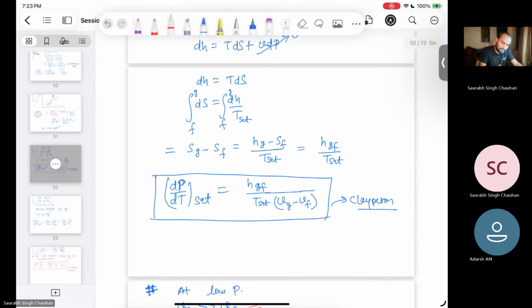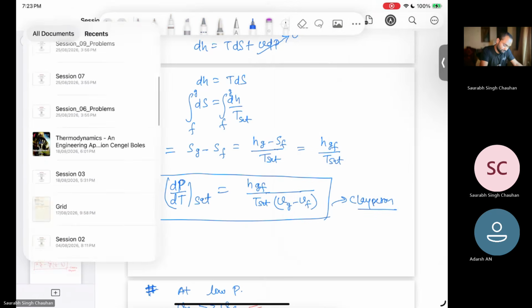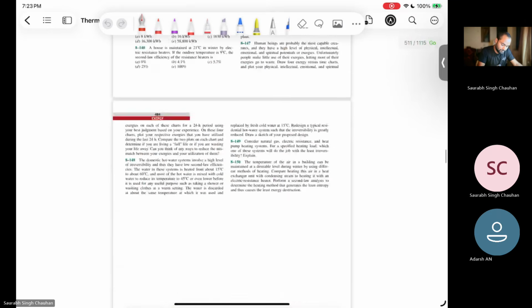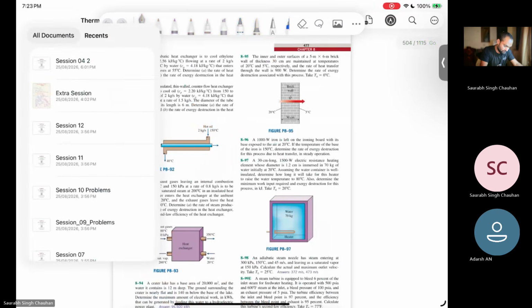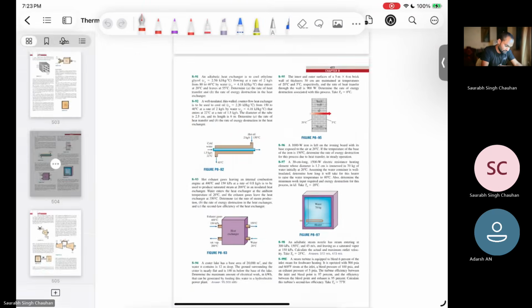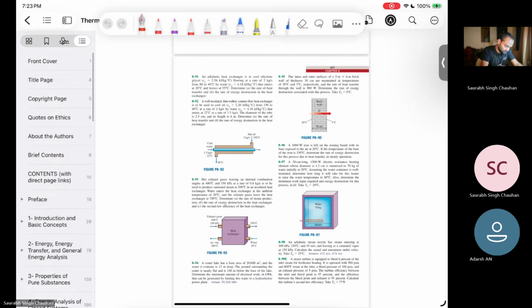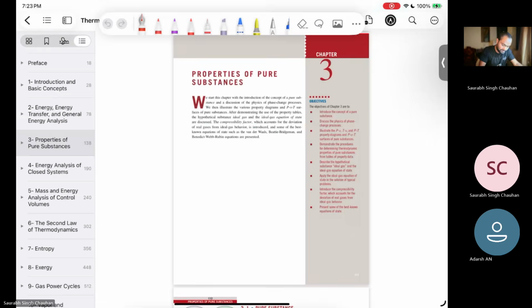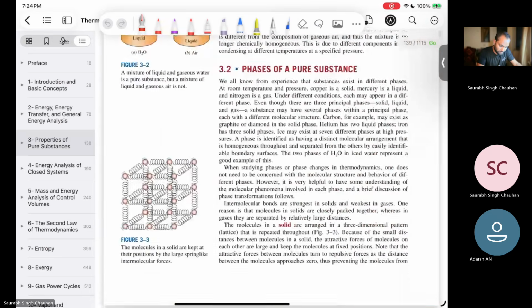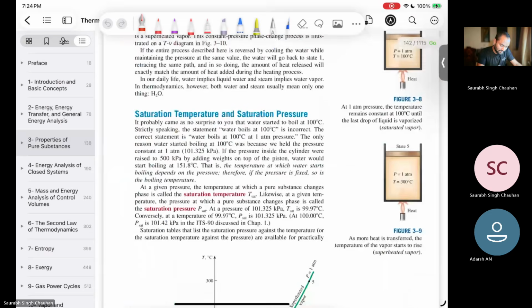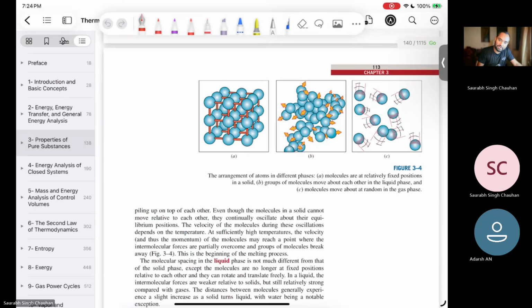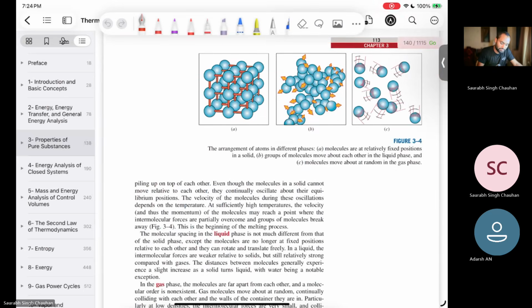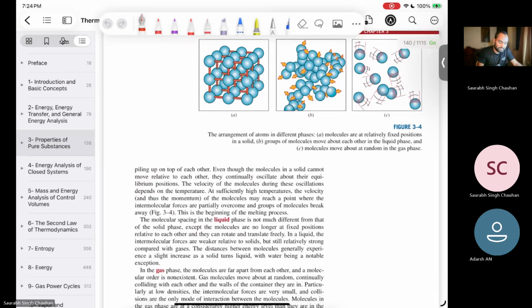Thermodynamically, for solid, liquid, gas, this model is very popular: why is volume not changing for liquids?